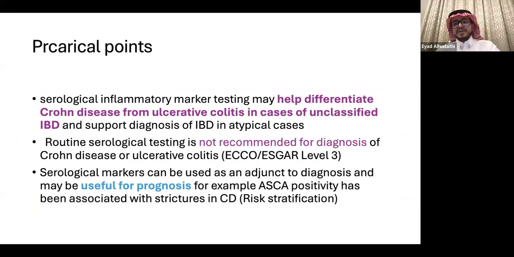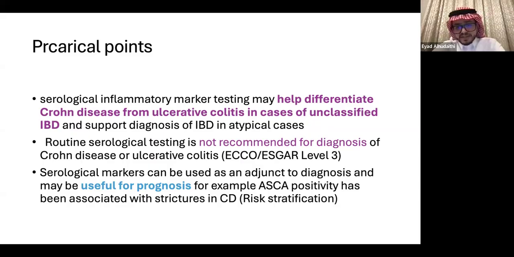But for the practical points, serological inflammatory marker testing may help differentiate Crohn's disease from UC in cases of unclassified IBD and support diagnosis of IBD in atypical cases. So we usually do it in tricky, confusing cases like IBDU. Routine serological testing is not recommended to diagnose Crohn's disease or UC, so it's not a first-tier blood work that we use.